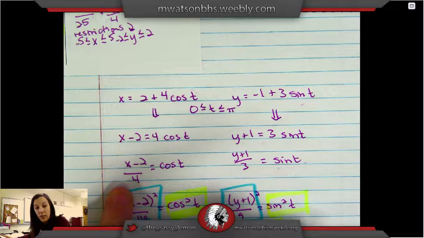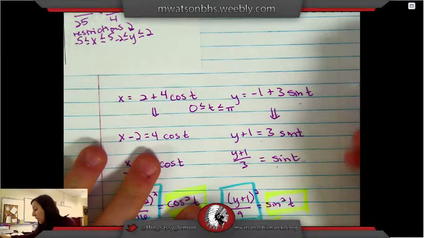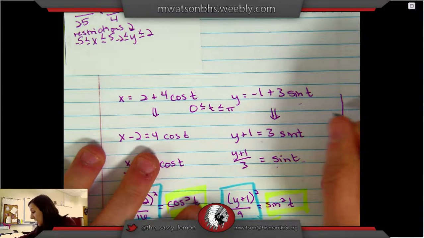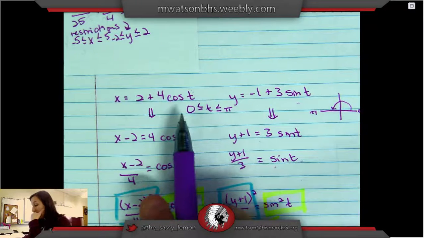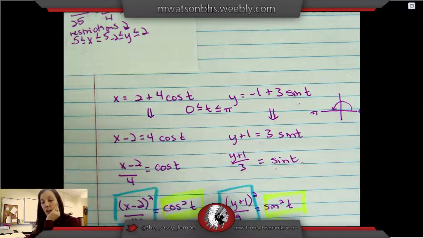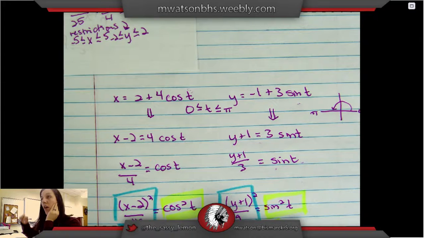Okay, so because we're only going to be in the first and second quadrants between 0 and pi, we have to think about that. Now with cosine, we know that it starts at 1 and it dips down to negative 1 by the time it gets to 180. So cosine is going to have all the values between its highest point and its lowest point.